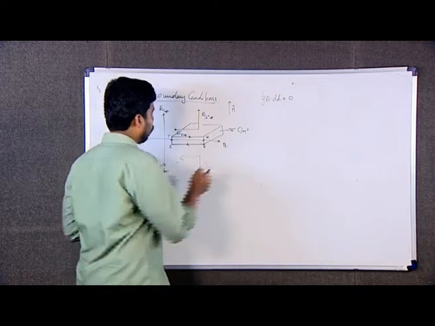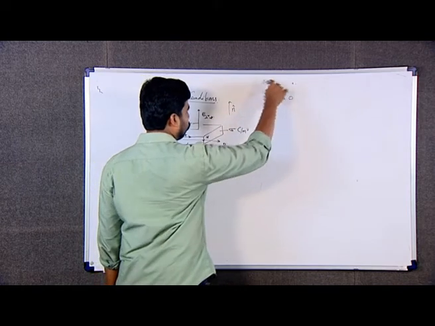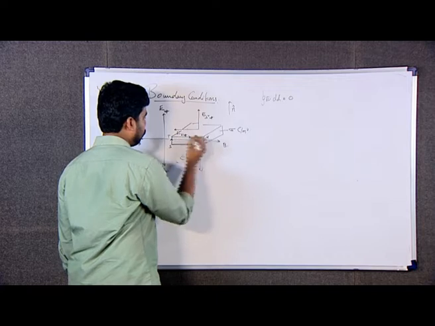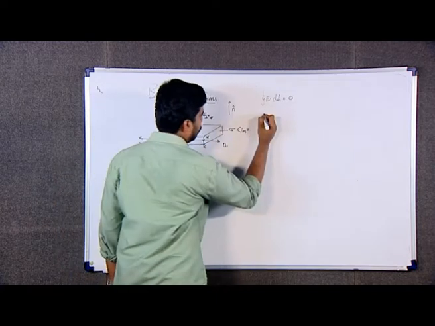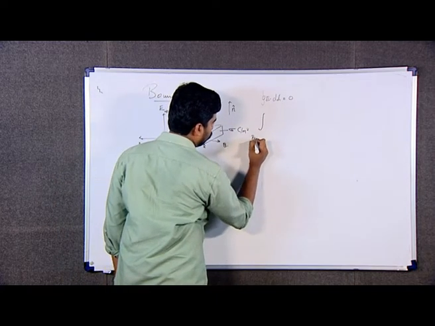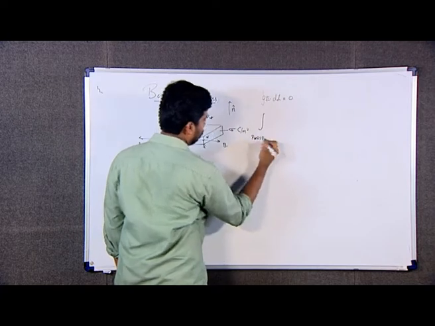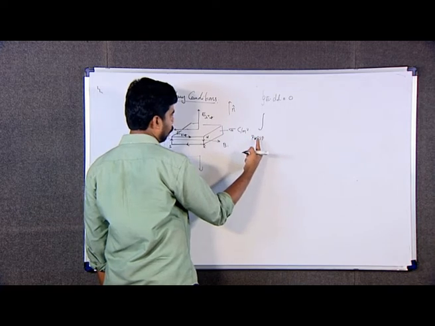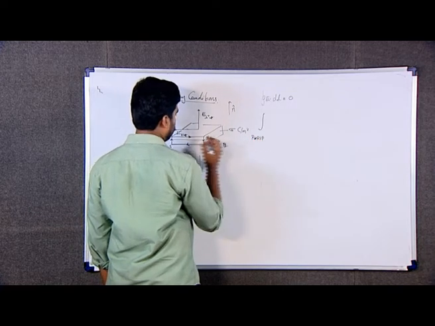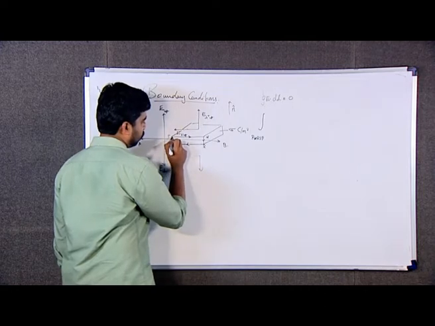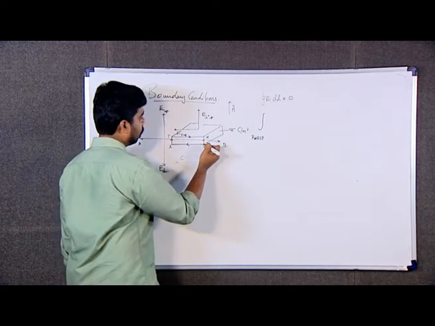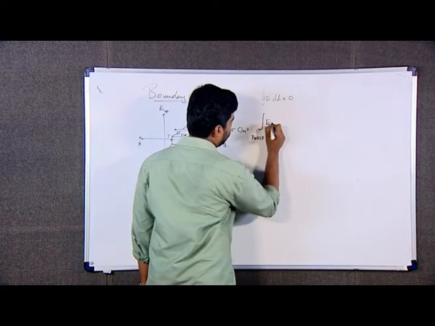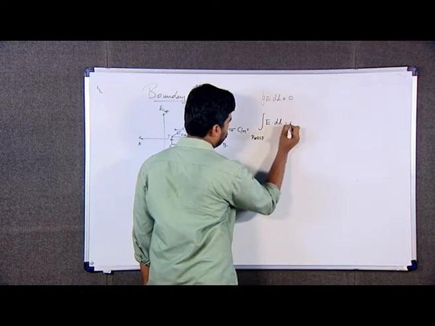According to this, for the closed path PQRS, since I want to make it a closed path, I should write it as PQRSP. Now it became a closed path, P to Q, Q to R to S, and again from S to P, integral E dot dl is equal to 0.